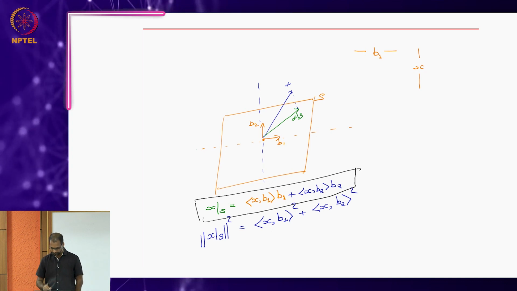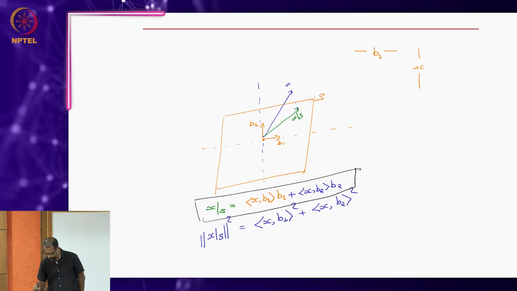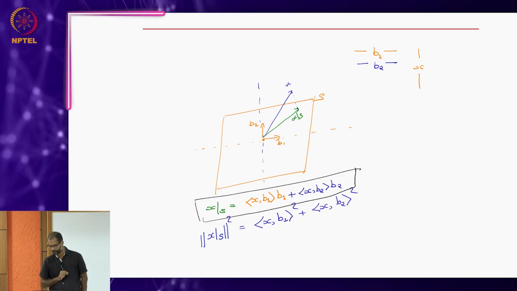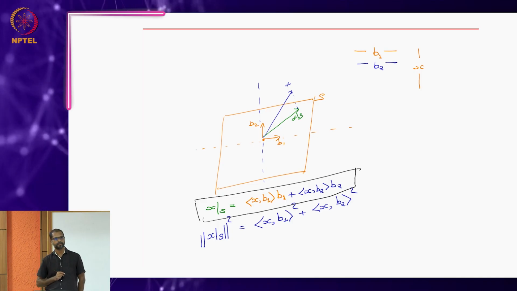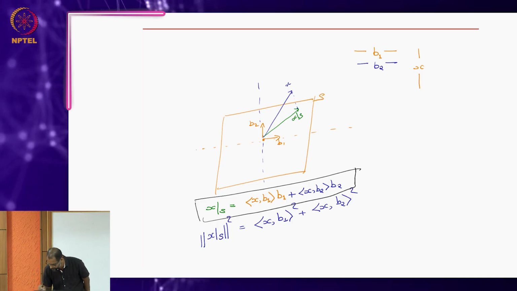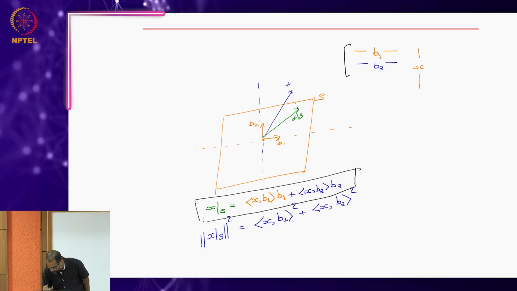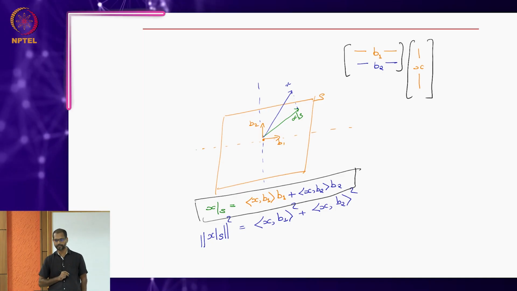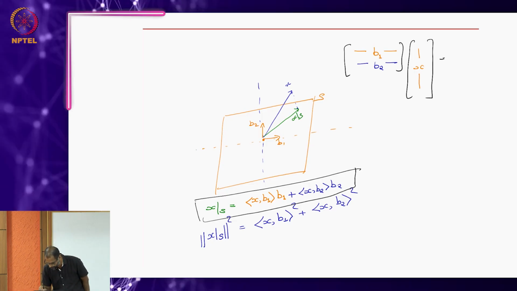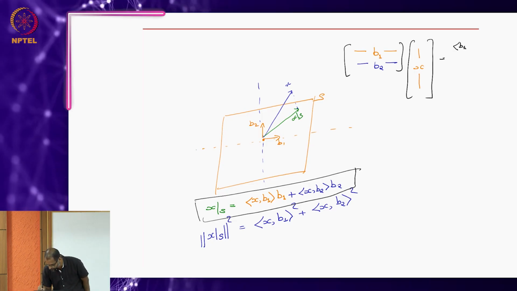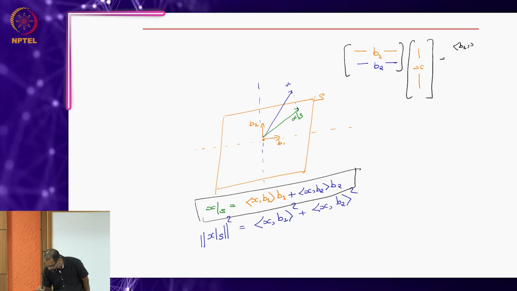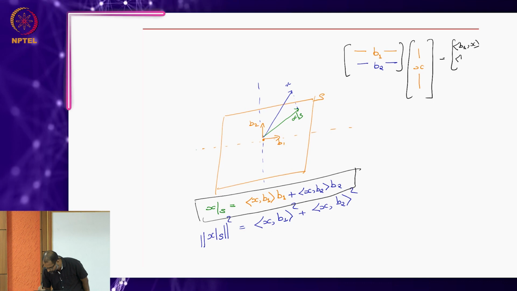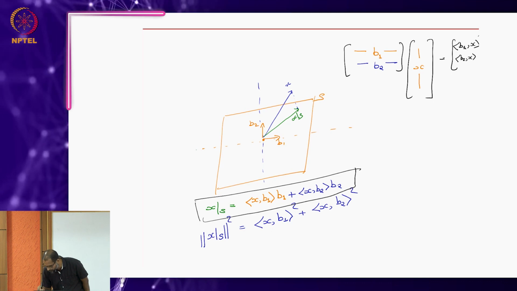Okay, the second, the blue part is again your b2, written as a row vector. So if I take these two, b1 and b2, as rows of a matrix and I take x as a column vector, what I get are the two coefficients: b1 inner product x, or x inner product b1, and b2 inner product x.